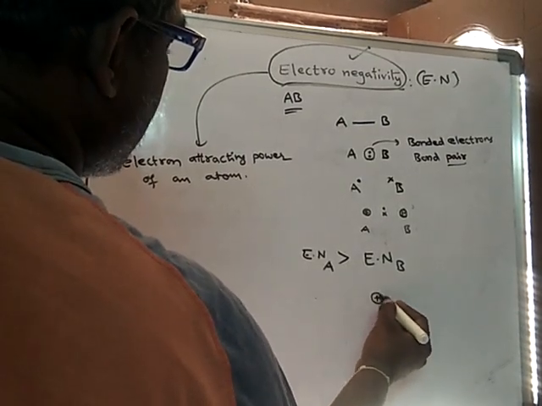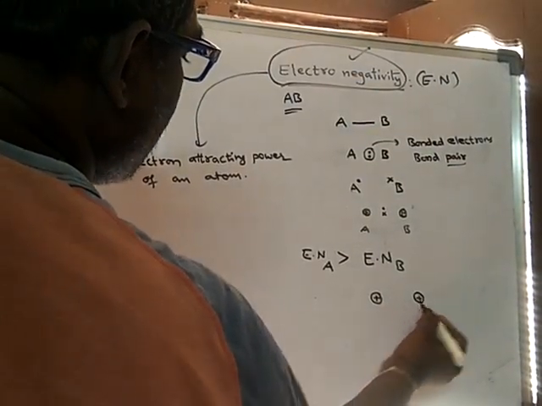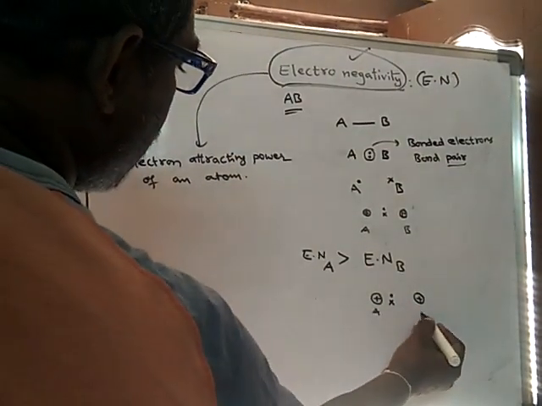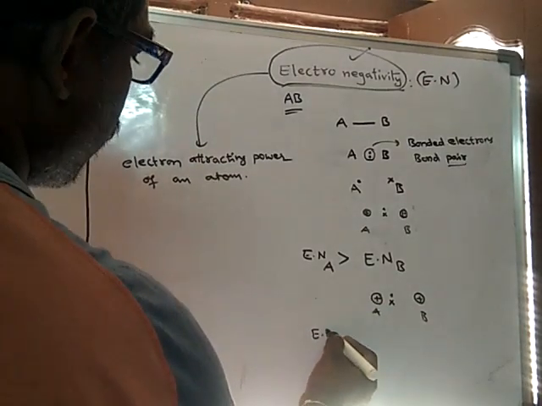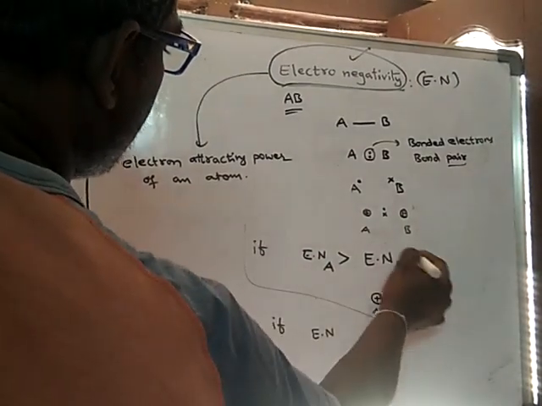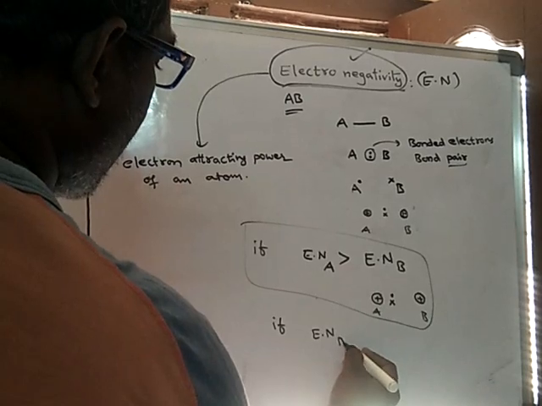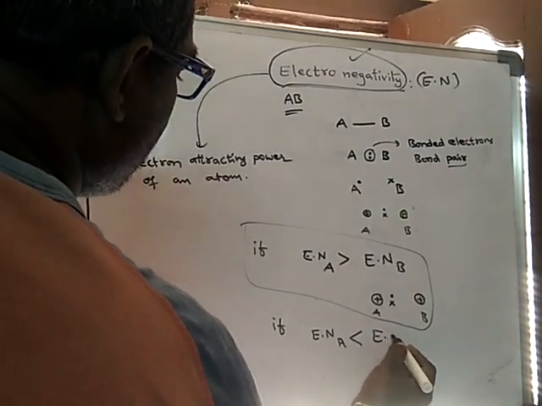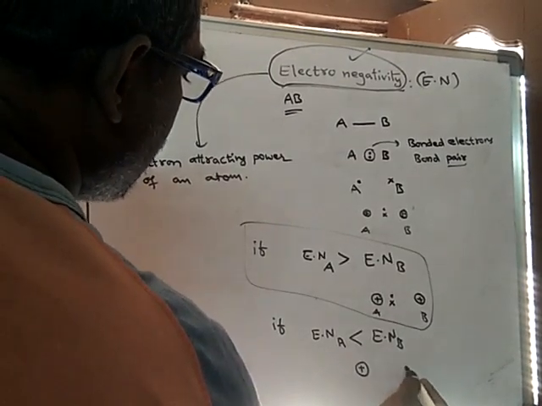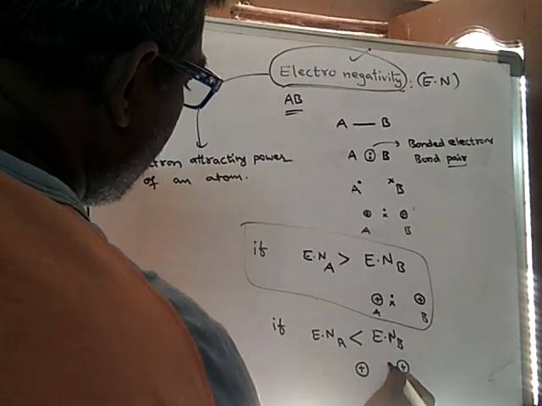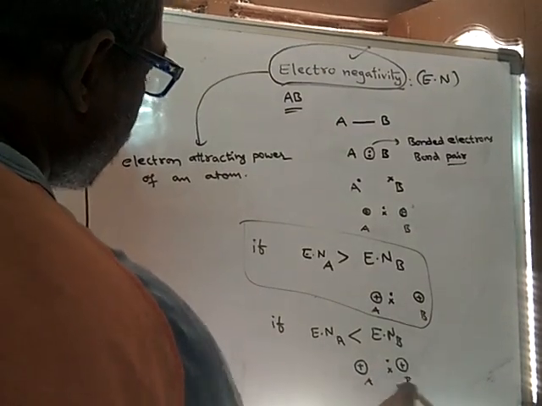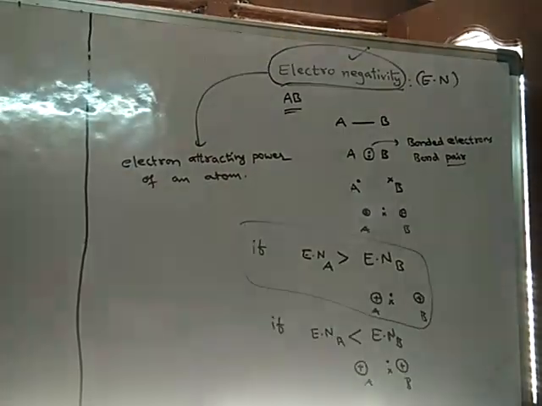In that case, the electron pair will shift towards atom A. Suppose the electronegativity of A is less than the electronegativity of B, what happens? In that case, the electron pair will shift towards atom B.